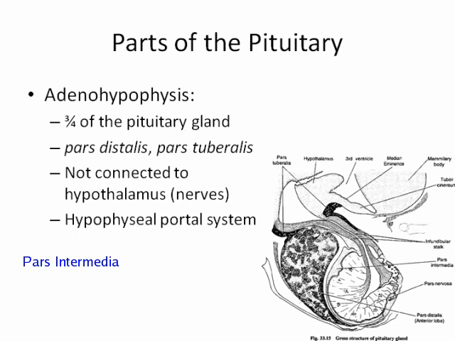developing embryo. It serves no known function within humans, but in other animals, and when I say other animals, I'm referring to outside of humans, the pars intermedia actually helps to direct the secretion of melanocyte-stimulating hormones.